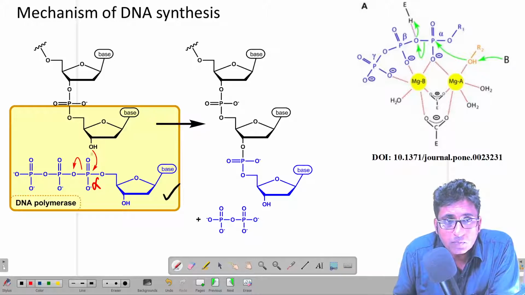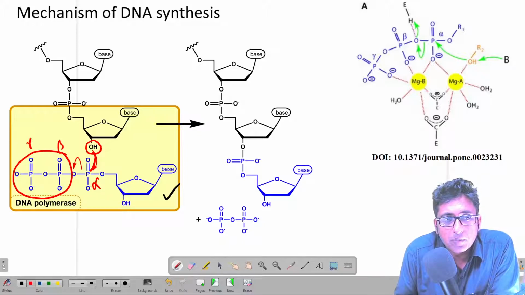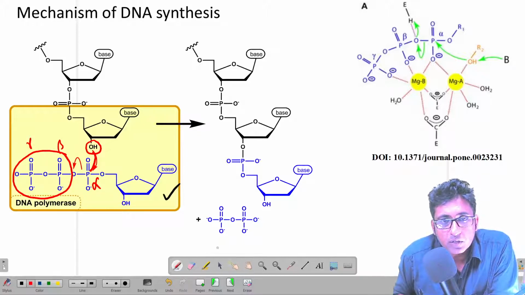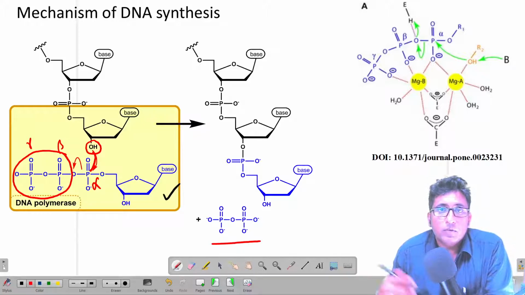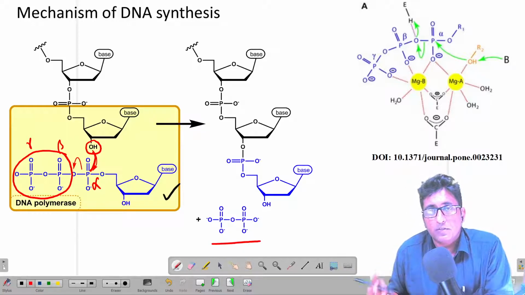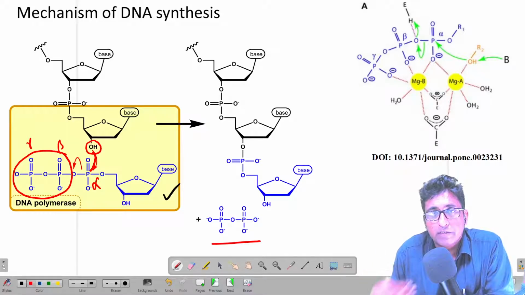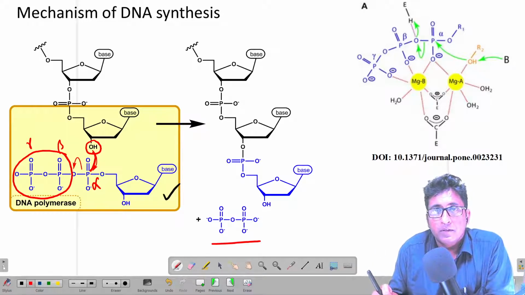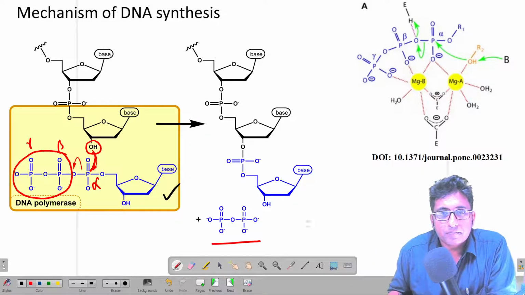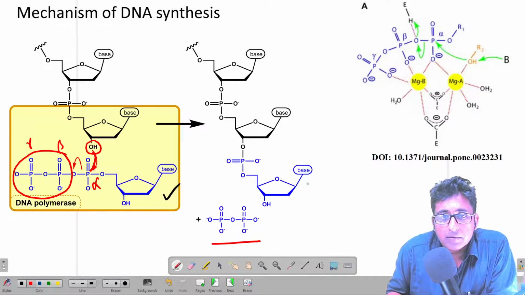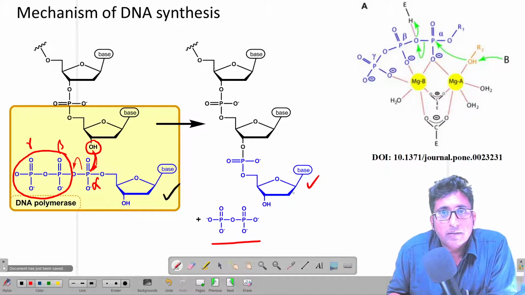It will allow the 3 prime OH to bind to the alpha phosphate group, and the beta and gamma phosphates are released as pyrophosphate. Pyrophosphate is further degraded by pyrophosphatase to release more energy, which drives the polymerization reaction itself, and that is how a new base is added.